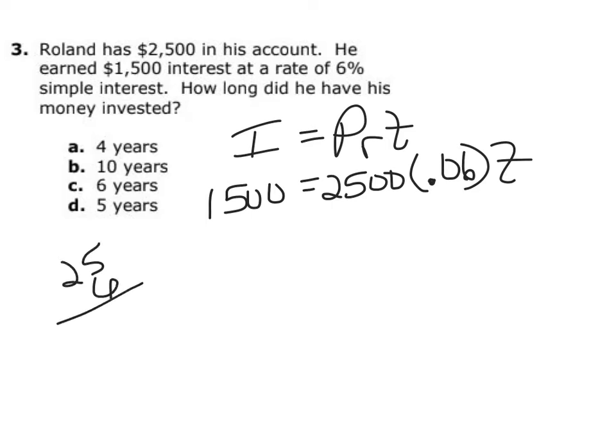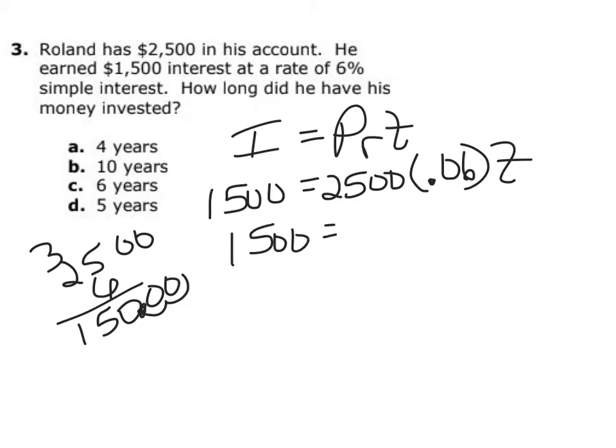I'm just going to do 25 times 6. 6 times 5 is 30. 6 times 2 is 12 plus 3 is 15. Then I'm going to add the zeros, bring them down. Now we have to move the decimal 2 times. So 2,500 times 6 hundredths, or 0.06, is going to be 150.